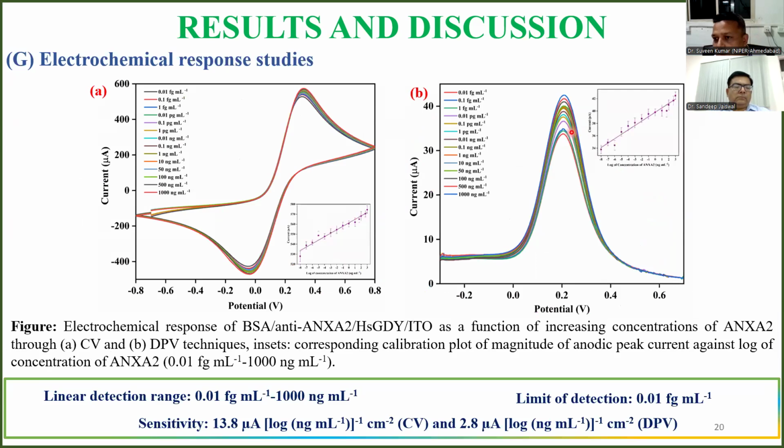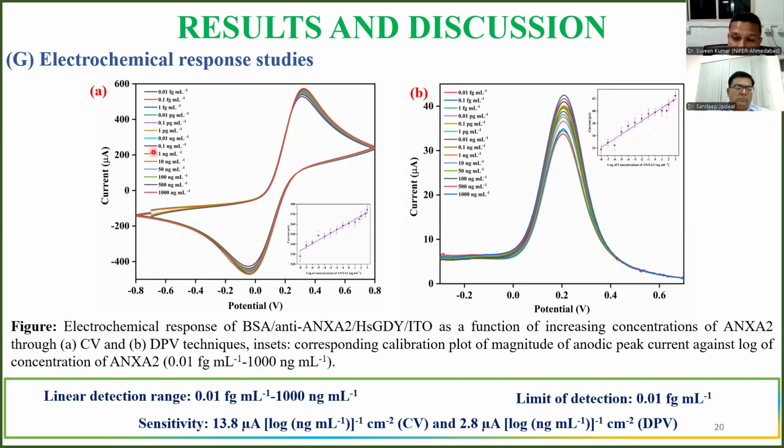After this basic characterization of the fabricated electrode, we moved to the electrochemical response study, mainly called the biosensing study. We have done it by two different techniques: first cyclic voltammetry and another differential pulse voltammetry. Both techniques indicate a linear detection range between 0.01 femtogram per ml and 1000 nanogram per ml, with a limit of detection of about 0.01 femtogram per ml.